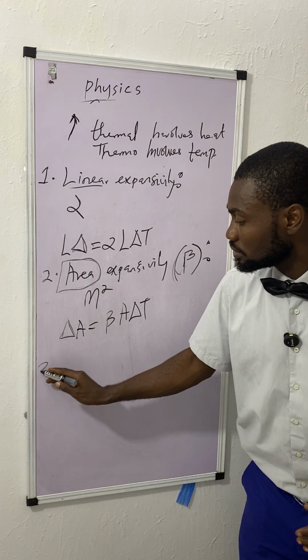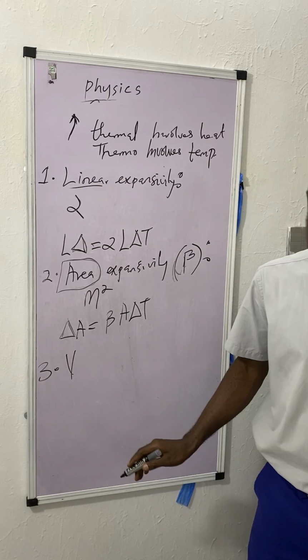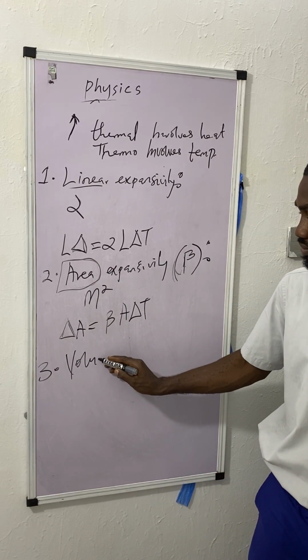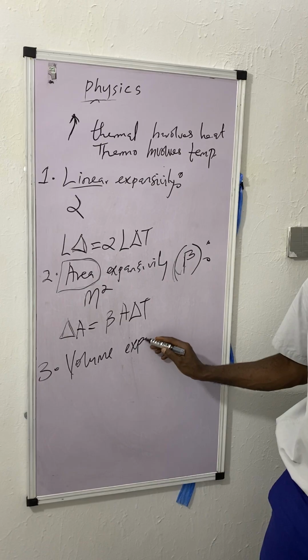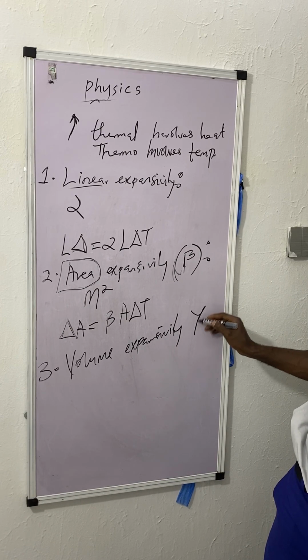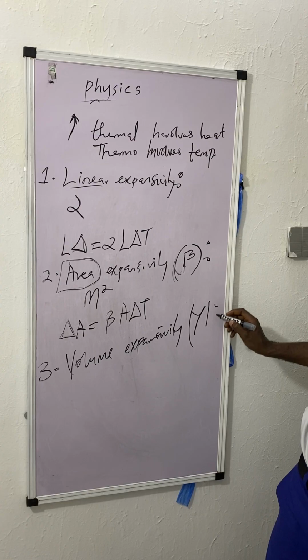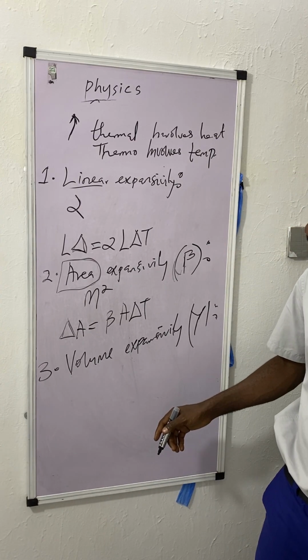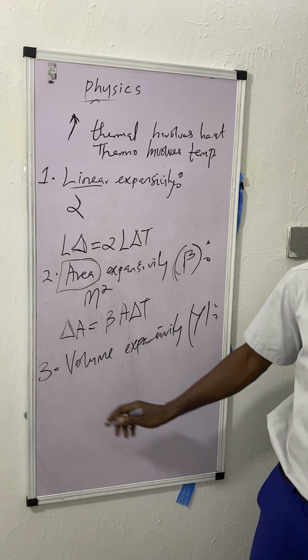Then the third one is volume expansivity, which is gamma. This is volume expansion per degree rise in temperature.